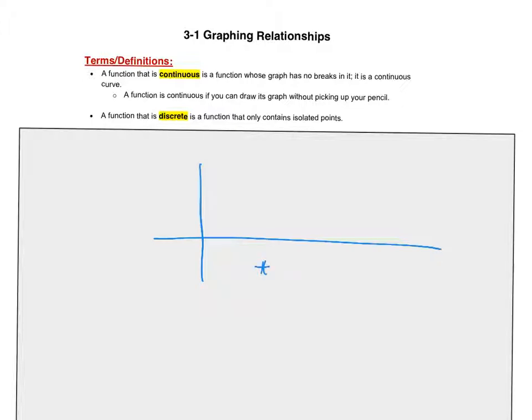So the number of bracelets that you make are going to get you paid in dollars. Let's say for every 1 bracelet, you get $2. So if you make 1 bracelet, you're going to make $2. If you make 2 bracelets, you're going to make $4, and so on.